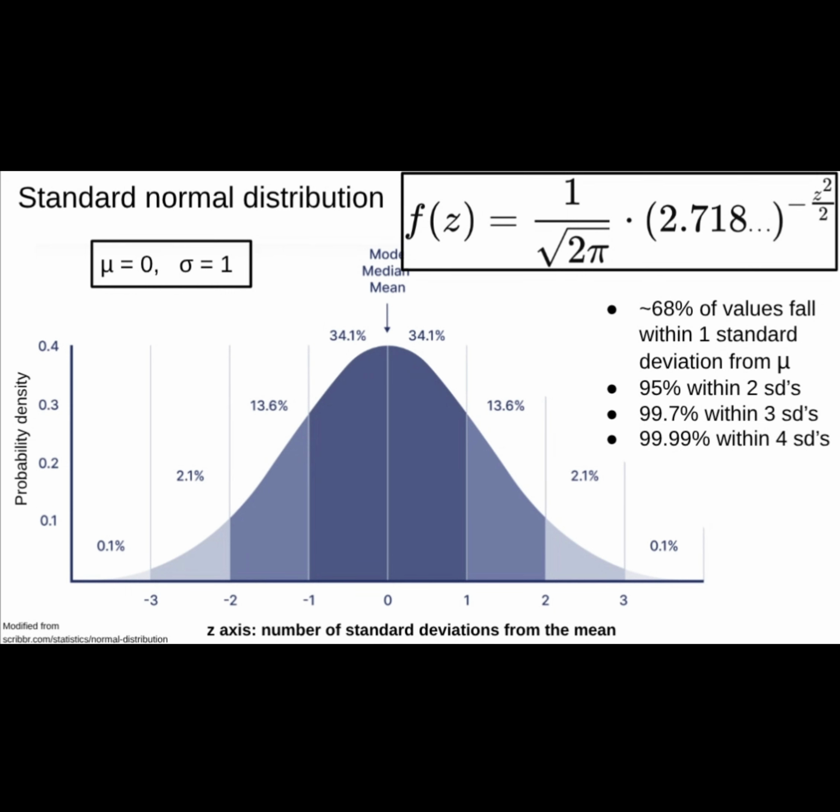For all normal distributions, 68% of the values fall within 1 standard deviation from the mean, 95% fall within 2 standard deviations, 99.7% fall within 3 standard deviations, and 99.99% of the values fall within 4 standard deviations.